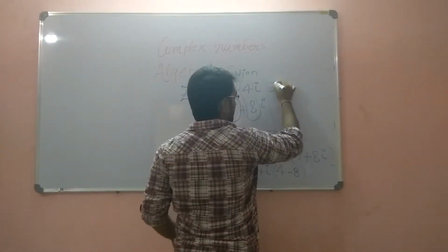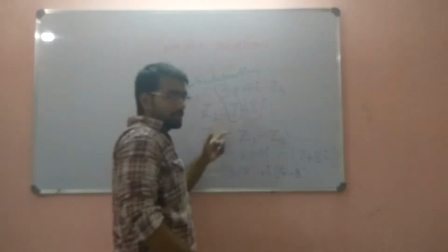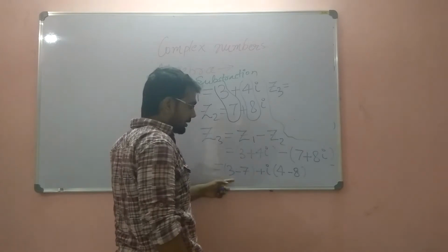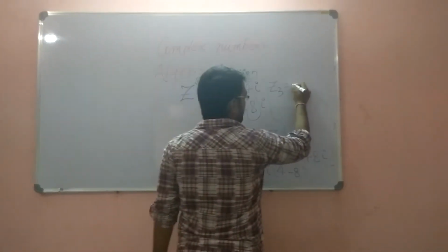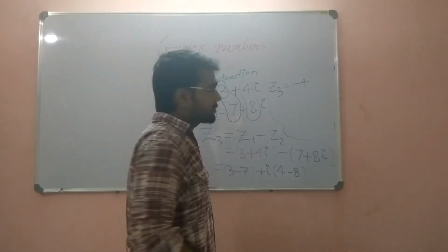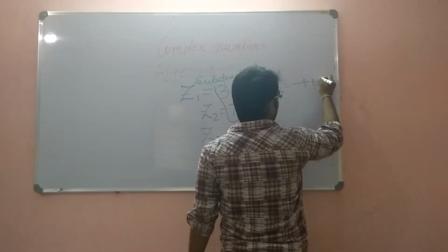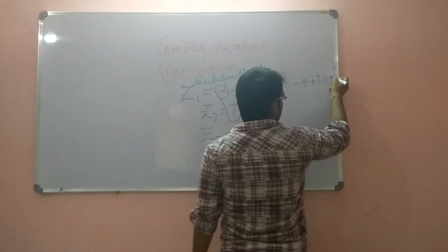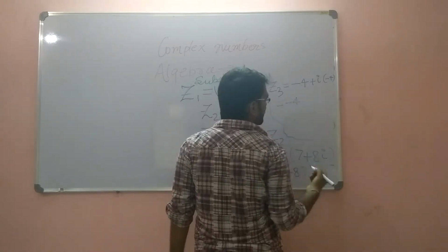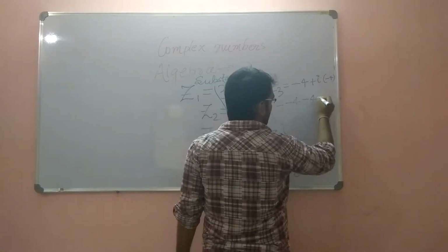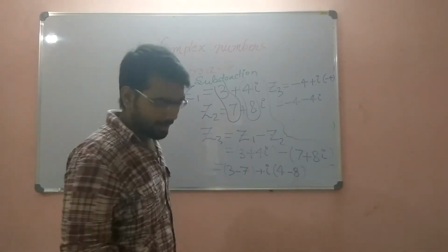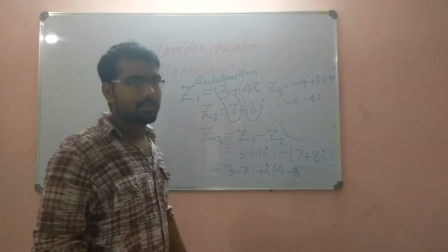So Z3, the new complex number obtained on subtraction, equals 3 minus 7, that is minus 4, plus 4 minus 8, that is minus 4, so plus iota into minus 4. Or you can also write it as minus 4 minus 4 iota. So subtraction is also pretty simple. I told you earlier, these complex numbers are very simple.